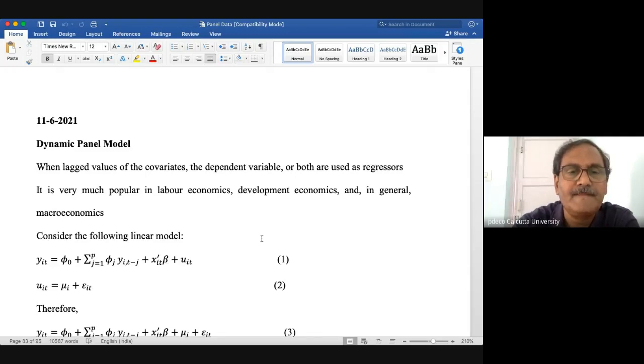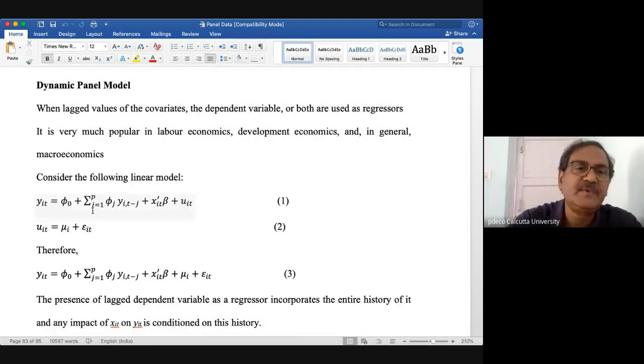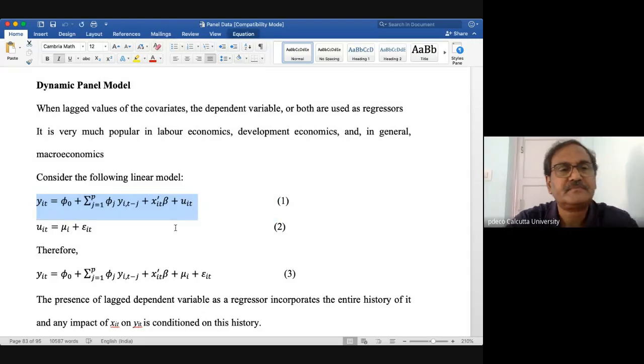So to understand the basic structure of the dynamic model, we can consider this kind of linear form of the model. Please write it down. Y_it is equal to phi naught plus sum of phi_j Y_i,t-j plus x'_it beta plus U_it.